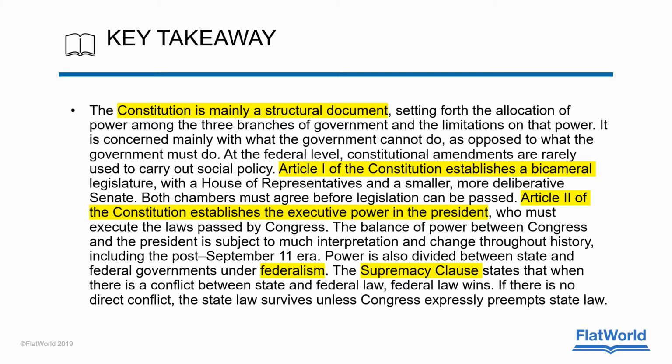Another point is that power is also divided between the state and federal governments under the concept of federalism. The Supremacy Clause, however, states that when there's a conflict, federal law wins over state law. If there's no direct conflict, then state law survives unless Congress expressly preempts state law through the legislative process.